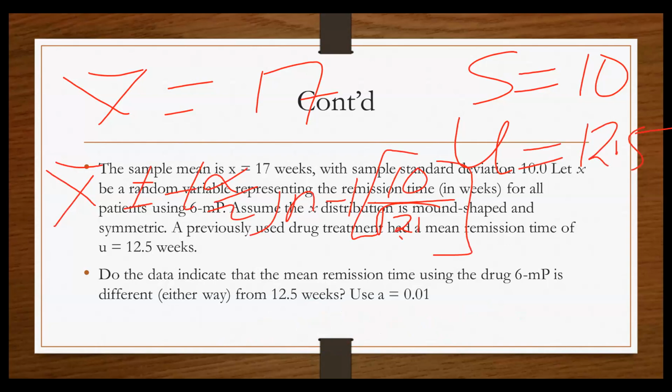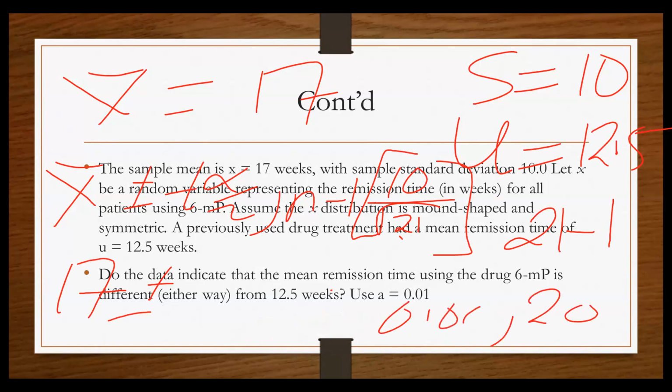Our x bar is 17, plus or minus. What was our alpha? The degrees of freedom are different now. It is the sample size 21 minus 1, that will be 20, comma 0.005.